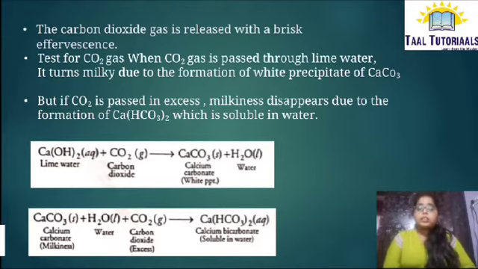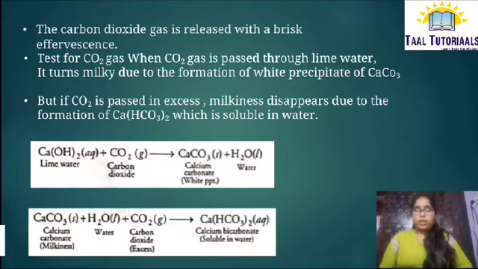Okay. Now, there is a test for carbon dioxide. When carbon dioxide gas is passed through lime water, the lime water turns milky due to the formation of a white precipitate of calcium carbonate. Okay, the lime water will turn milky. Next, but if carbon dioxide is passed in excess, what happens? The milkiness disappears due to the formation of what?